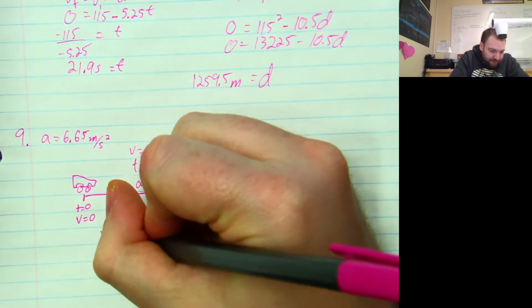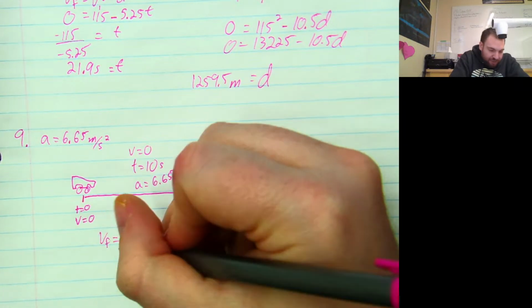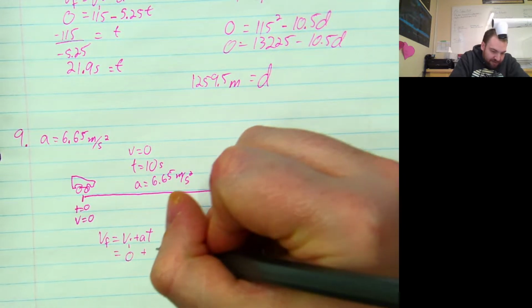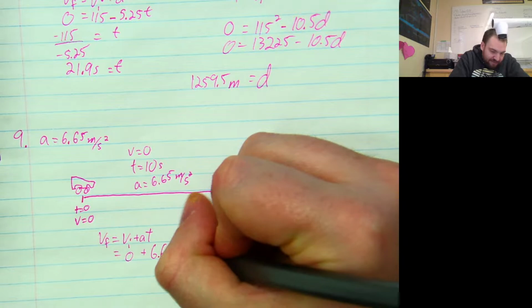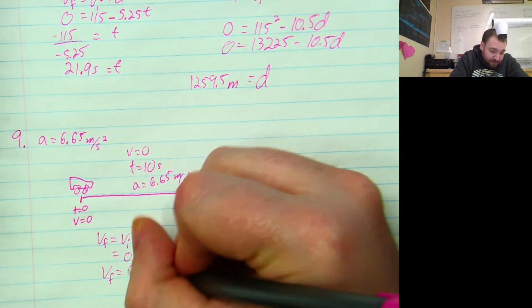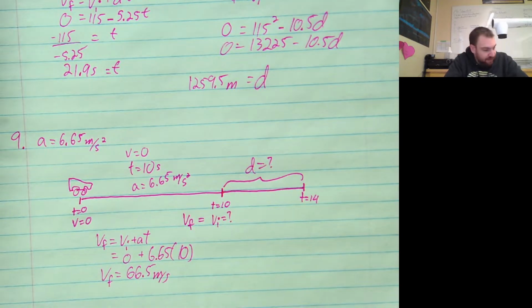VF is going to equal VI plus AT, which is just 0 plus 6.65 times 10, which is very nicely just 66.5 meters per second. Now that thing is hoofing it. Multiply by 3.6.